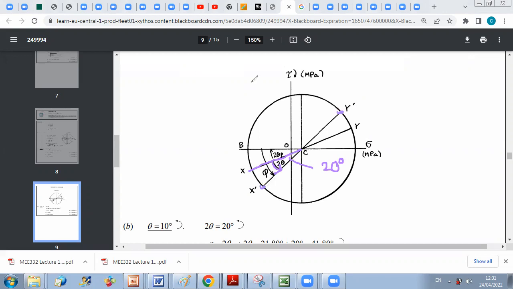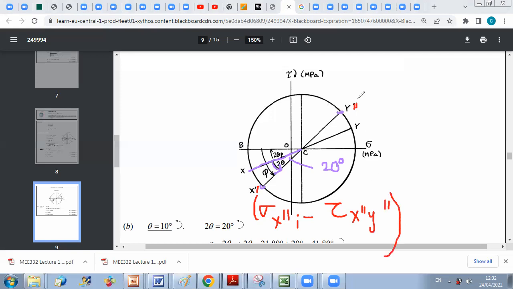So I can just say that the coordinates of X prime are sigma X prime, minus tau. Because we named X prime, Y prime, you can say here X second, Y second if you want to differentiate. So sigma X second, minus tau X second Y second.